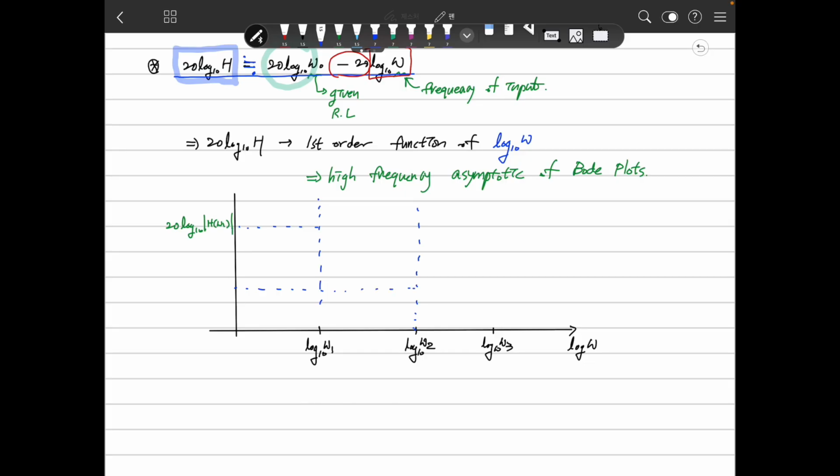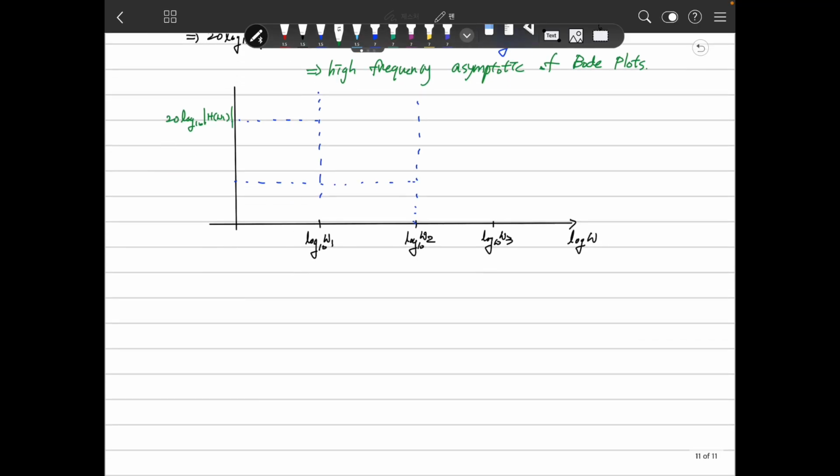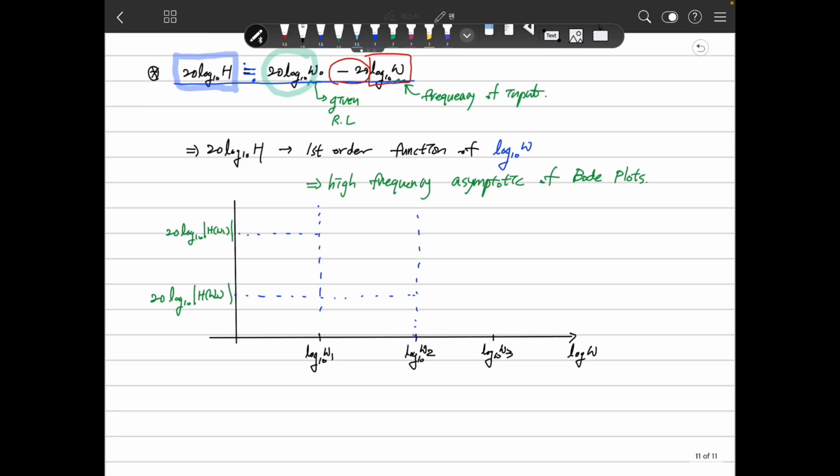Then here, this value will be 20 log 10 H omega 2, right? And the 2 points can be connected in this manner.